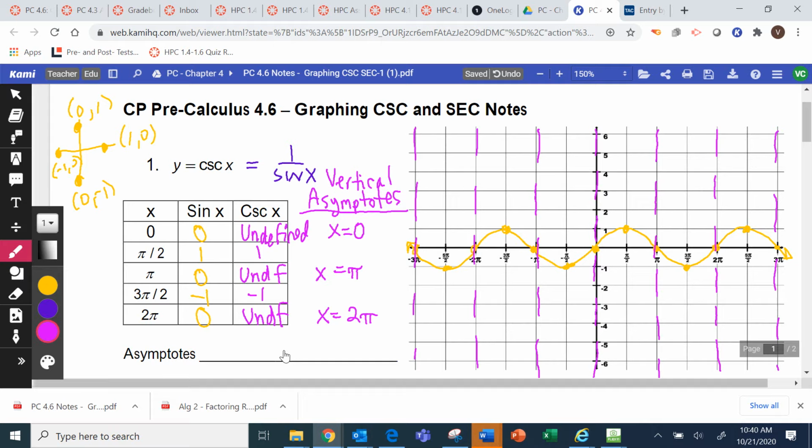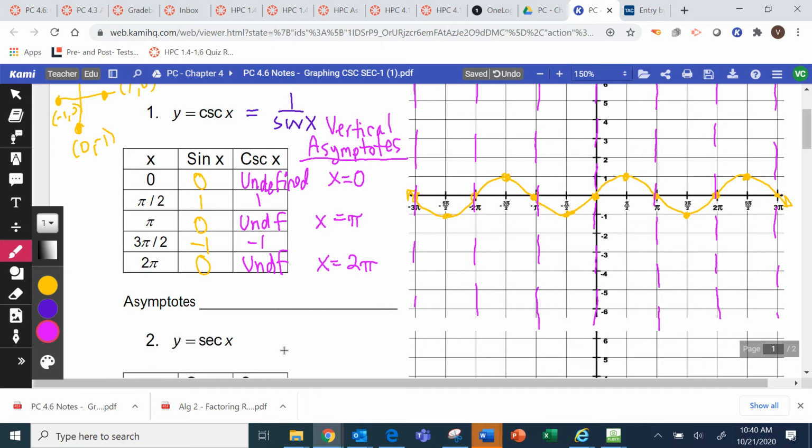Before I even graph the rest of it, there's a line that says, what are the asymptotes? I've listed 3 of them. It wants me to write every single asymptote. How many am I going to have to write? 7?